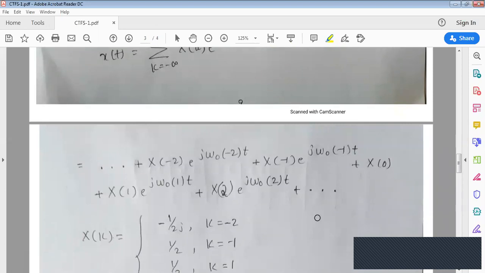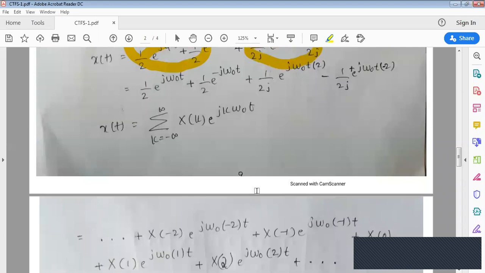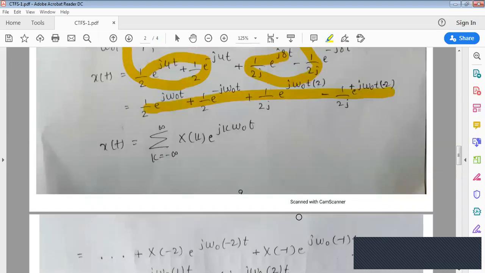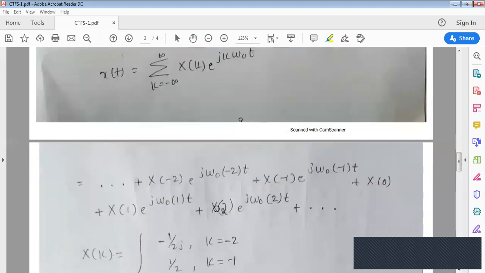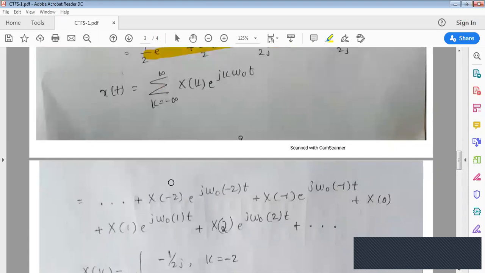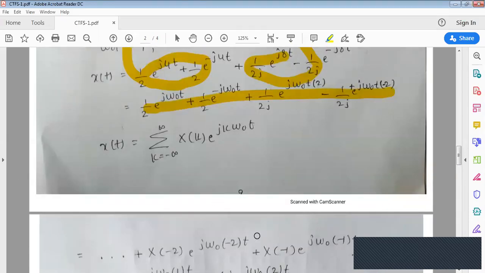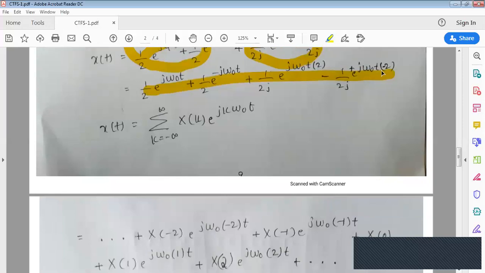Now I am going to compare this equation with the earlier one. See here, x of minus 2 into e power j omega naught into minus 2t. So minus 2 and minus 2 tell us the value of x of minus 2. X of minus 2 is minus 1 by 2j.